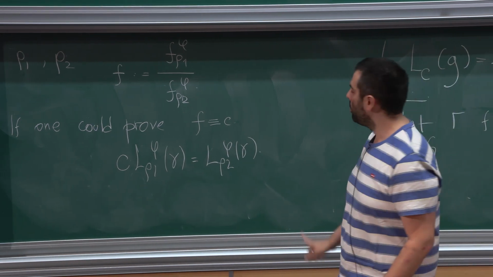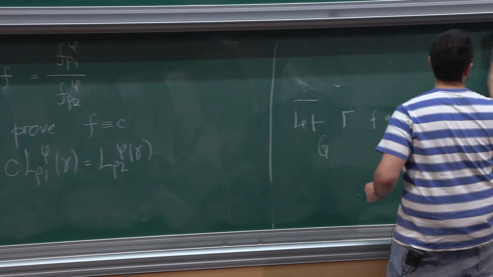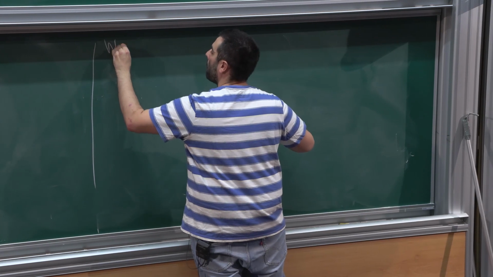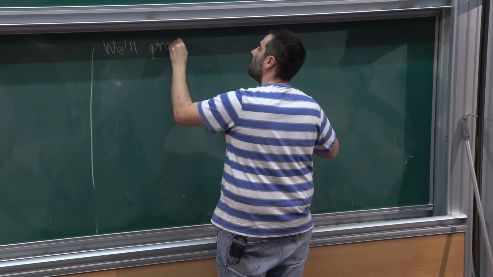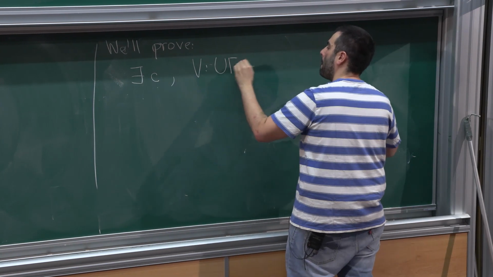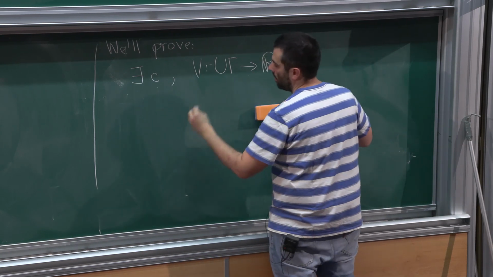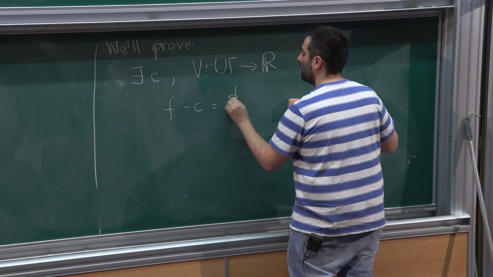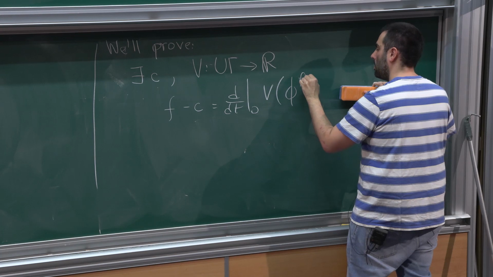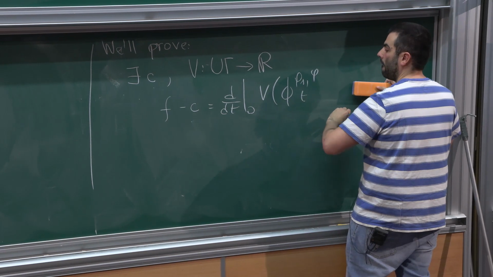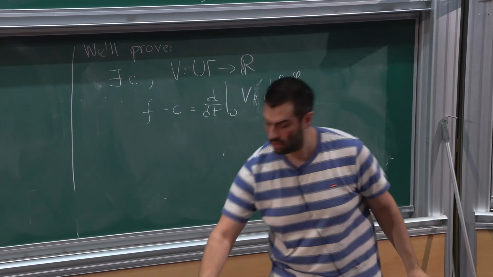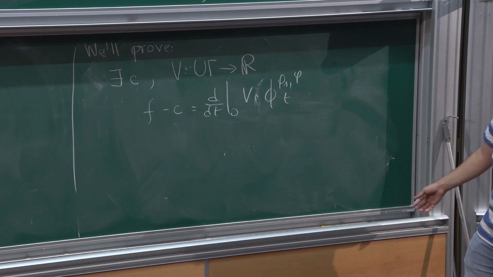So what we will prove is that there exists C and there exists a function which is differentiable along the flow, so that the derivative, so I have a flow associated to the first representation. And if you integrate along periodic orbits, you really get that if you show this.